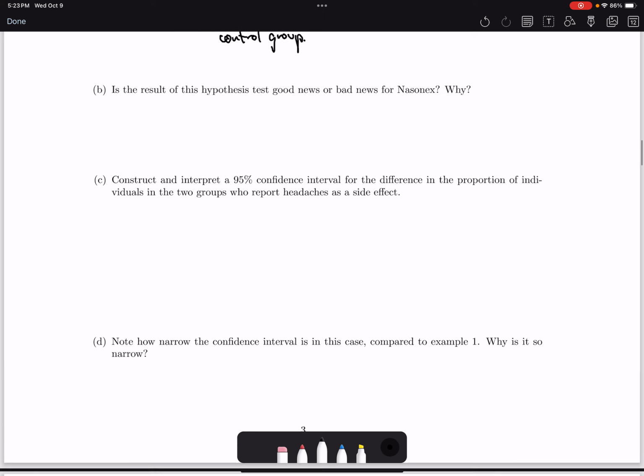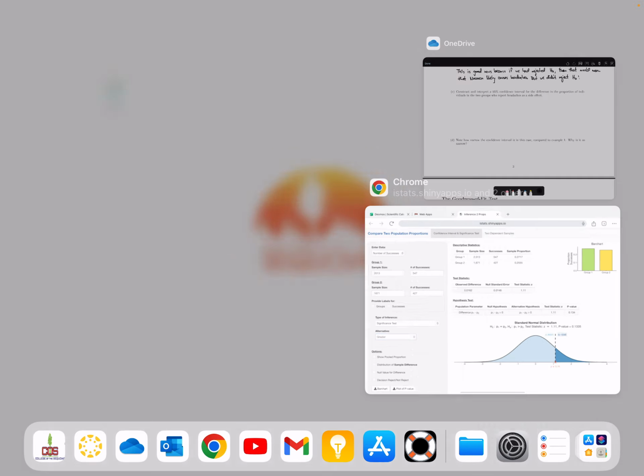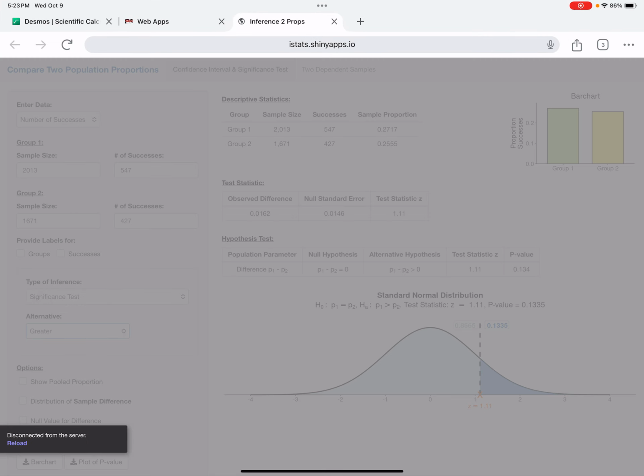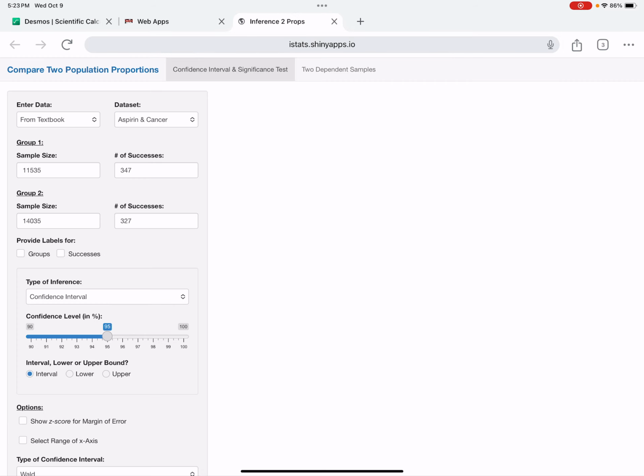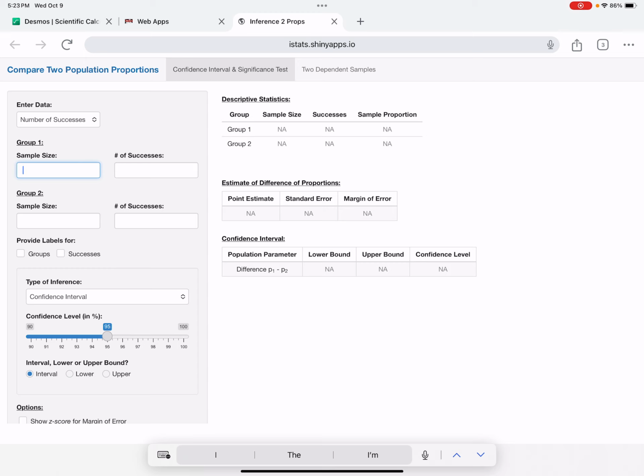Okay, part C says to construct and interpret a 95% confidence interval for the difference in the proportions. Let's see. A 95% confidence interval. I'm going to have to redo this every time, aren't I? Okay, so it was 2013, 547, 1671 and 427.